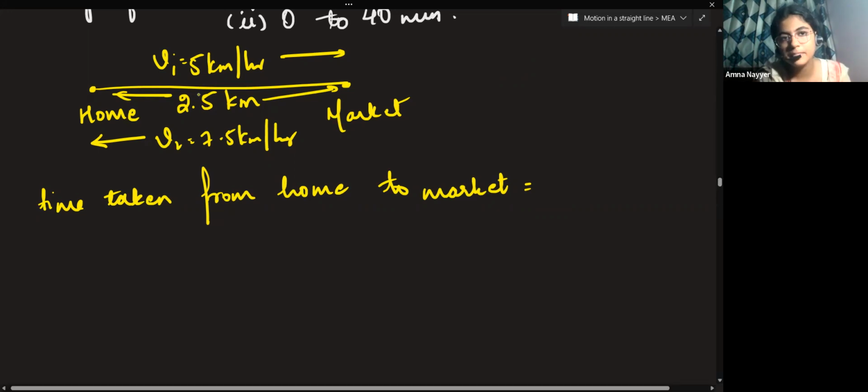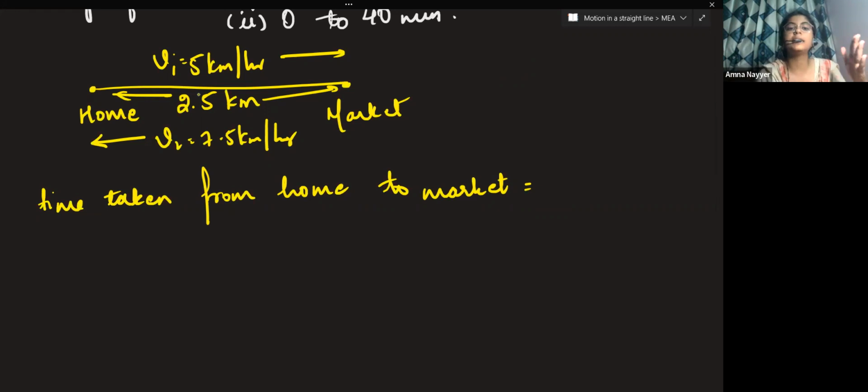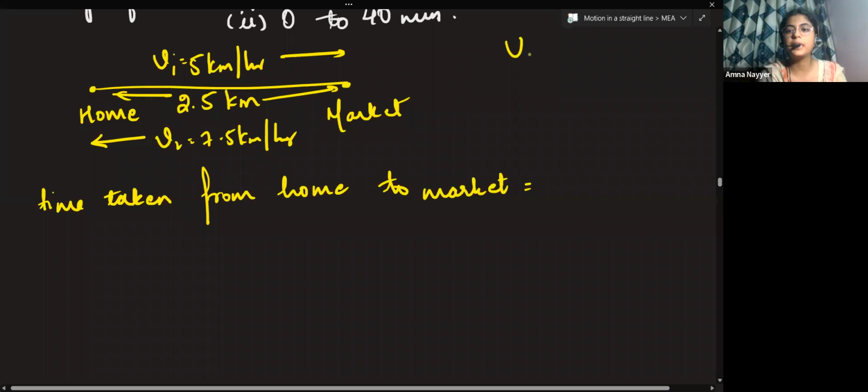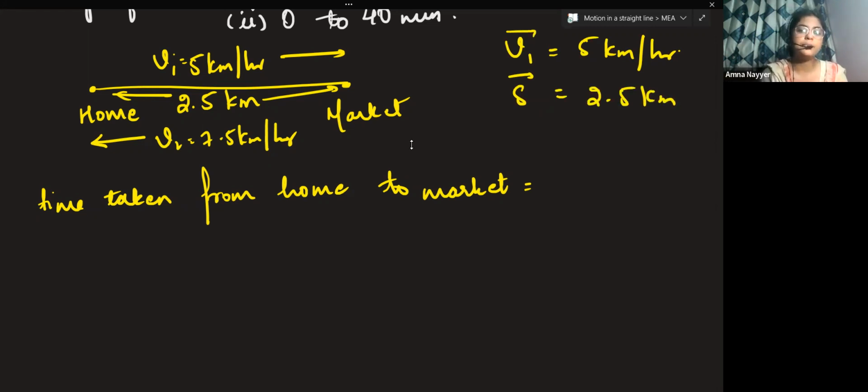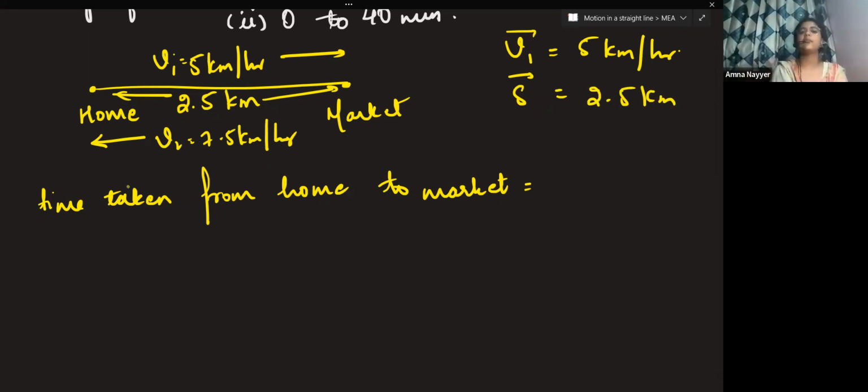What would be the formula of time, if velocity is given and distance is given? See, the speed in the first part is given to you as 5 kilometers per hour. The distance, or let's talk about the displacement right now, is given to you as 2.5 kilometers. What will be the time? Just tell me the formula.